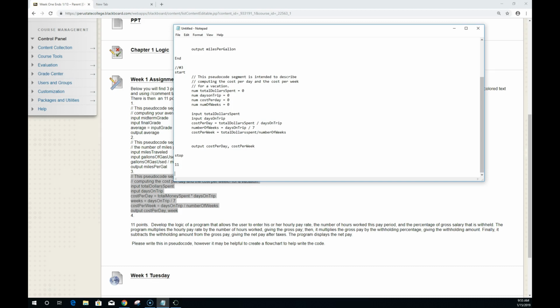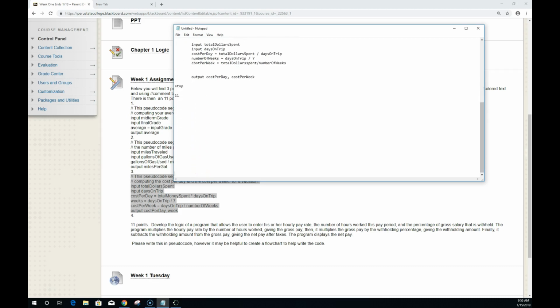All right, so I'm going to scroll down a little bit, give us some white space to work with here. First thing I'm going to do is put my start in, and I'm going to put a stop or an end. So I've created a program that's going to compute net pay.